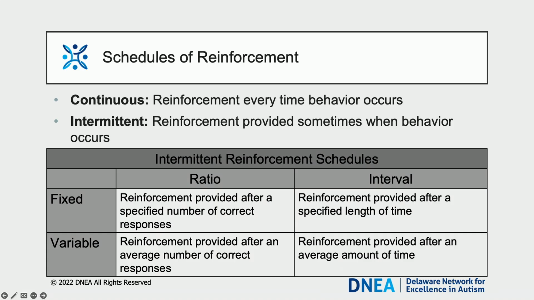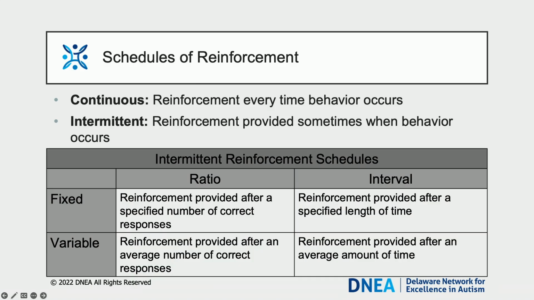Let's dive deeper into schedules of reinforcement, particularly as how the schedules relate to thinning reinforcement. As discussed, the schedules of reinforcement refer to the rules that define when reinforcement is provided. Schedules will differ depending on the phase of learning. We've already discussed schedules of reinforcement for teaching brand new behaviors.